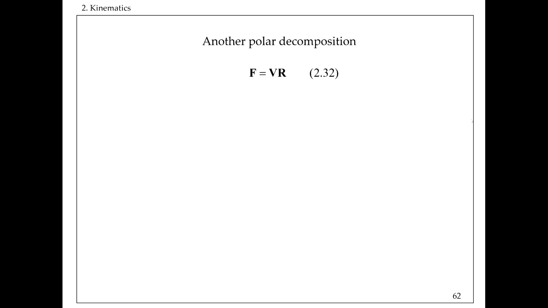We can use the new definition of the deformation gradient decomposed in this order with V and R. So we can directly write what V is: we multiply F with the inverse of R, or we can already start using the properties of R. The inverse of R is nothing but the transpose of R, because we know that this is orthogonal.